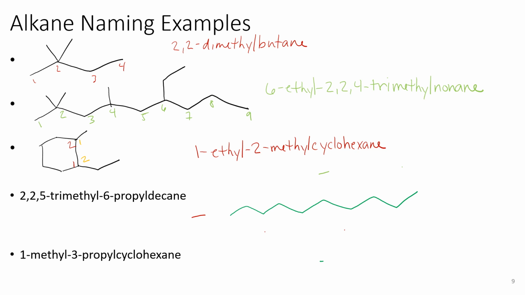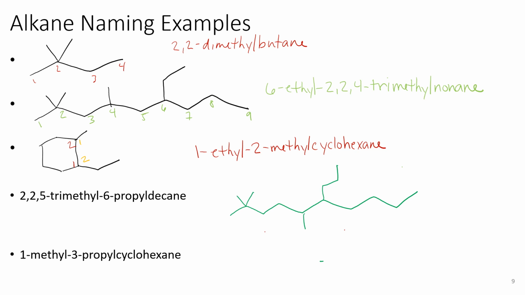So I know on carbon atom number 2, I have a methyl group, so 2,2 with my methyl. I also have another group on carbon atom number 5. So there is my 2,2,5-trimethyl. On carbon atom number 6, I have a propyl group. So remember, propyl means 3, so I have a 3-carbon chain. So this would be my structure for 2,2,5-trimethyl 6-propyldecane.